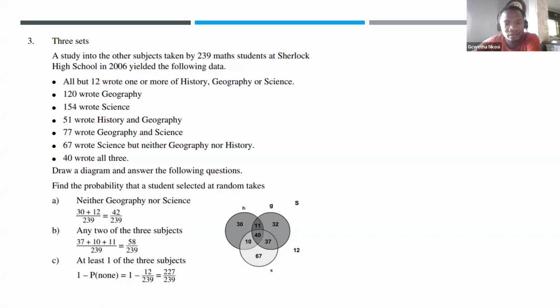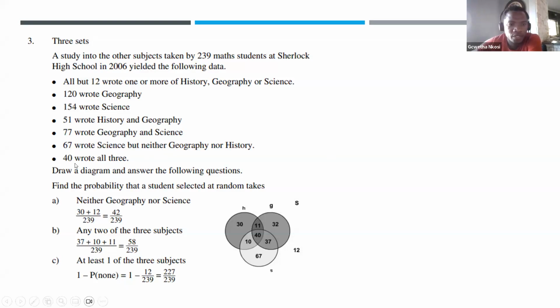67. They say 67 of them, 77 wrote geography and science. Now, that's another intersection that you should bear in mind.